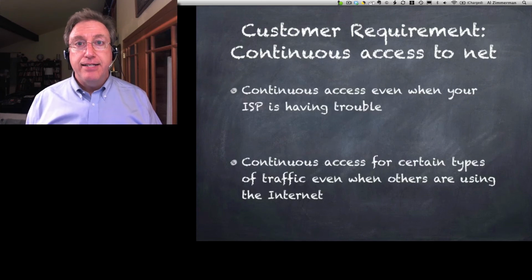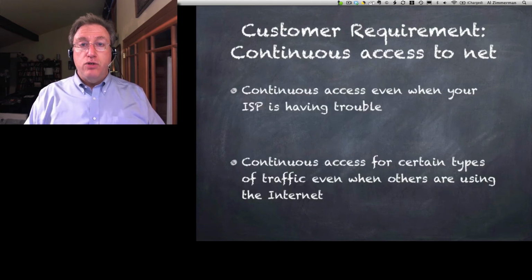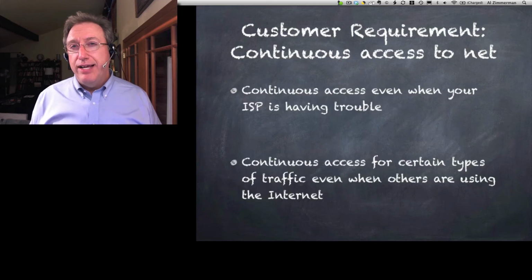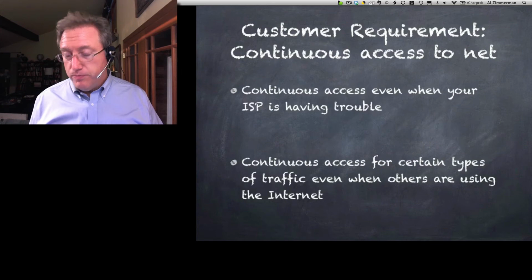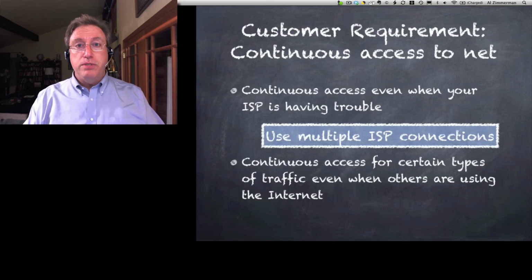Businesses cannot stand to be off the net. So you need continuous access to the internet even when your ISP, your internet service provider, is having trouble. Well, how do you do that? You use more than one ISP. You have several modems, several routers, and if one goes down, you can still use the other ones.